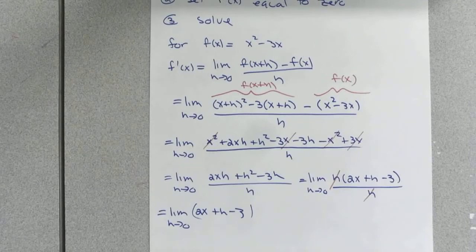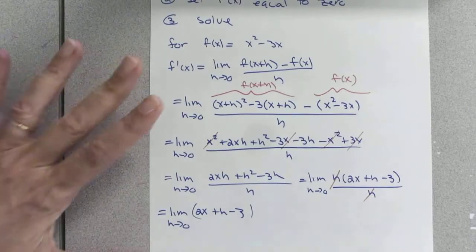Being wrong and telling me you know that you're wrong will get you more partial credit than just being wrong. If you can't legally cancel the h's, there's no next step. So if you get to a point where the h's don't cancel, find your mistake. If you can't find your mistake, write me a note saying, there must be a mistake, can't cancel my h's. Because canceling when you can't just drives me nuts, and you will lose way more points for mistakenly canceling h's than just stopping and saying, I'm wrong.